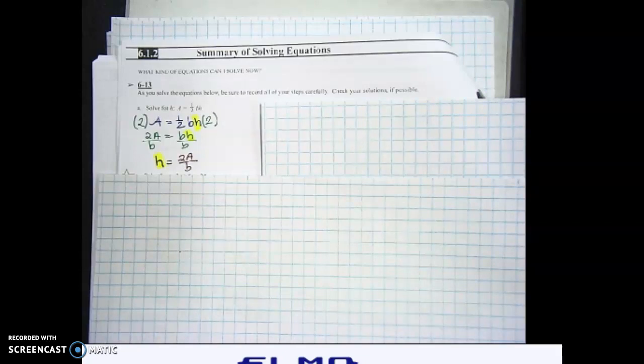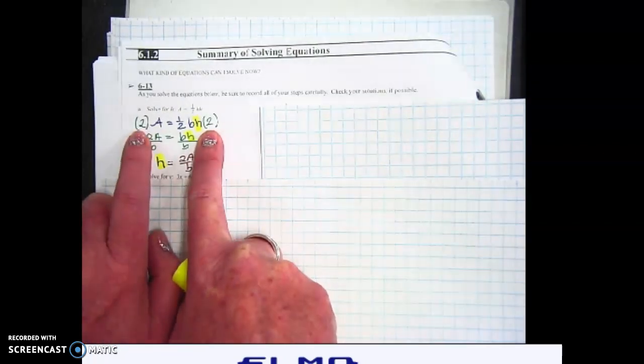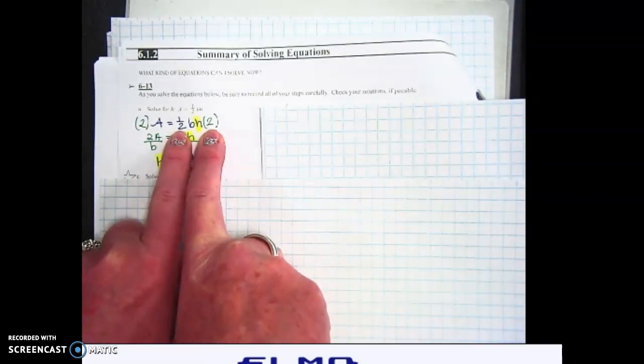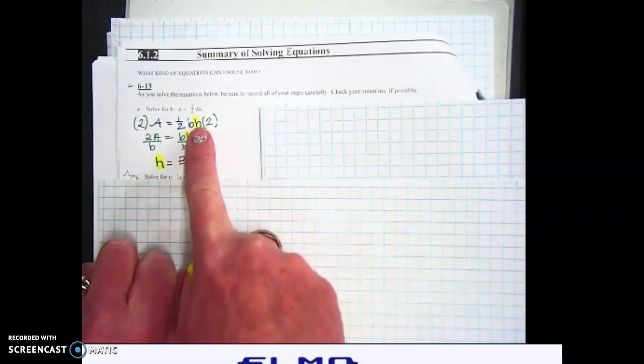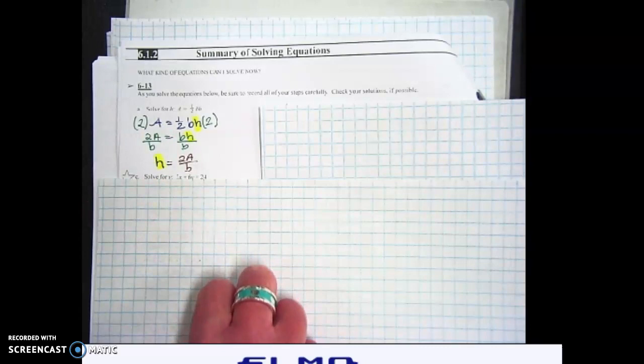Perfect. We're going to multiply both sides by 2. So notice how I put parentheses with 2 inside of it on both sides, because that's the inverse operation. Write that down, okay? That means that the 1/2 and the 2 are going to cancel, and we're just left with BH. And on the left, we're left with 2A.